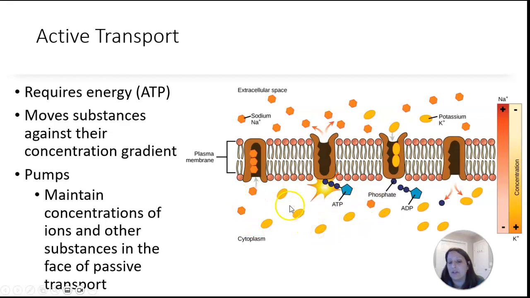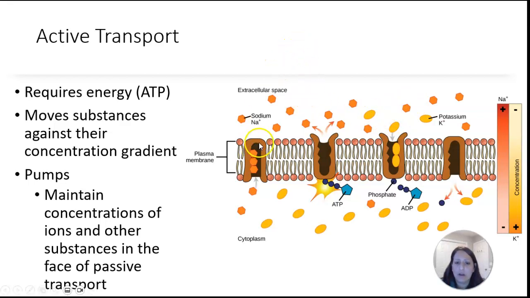So we've got a higher amount of potassium ions inside the cell and a lower amount of potassium outside the cell. Okay, so think about that. Think about those concentrations and natural tendencies of diffusion or passive transport. So our active transporter is going to pump against those natural gradients, okay?